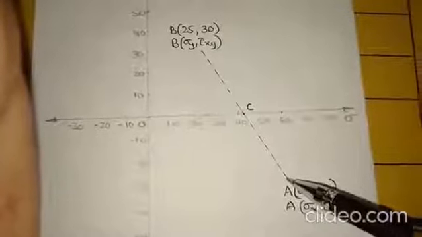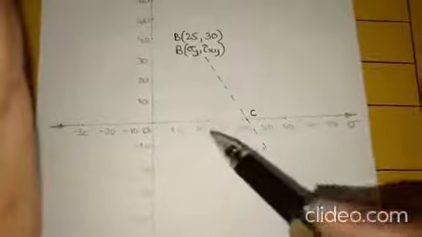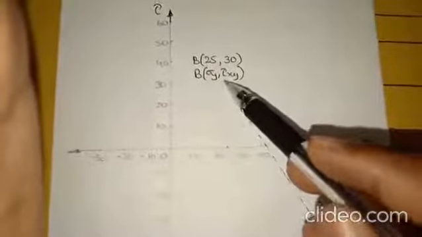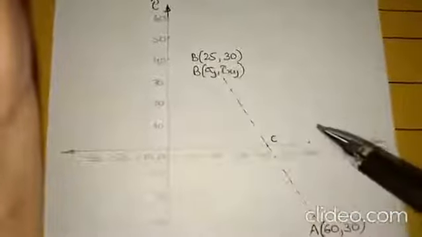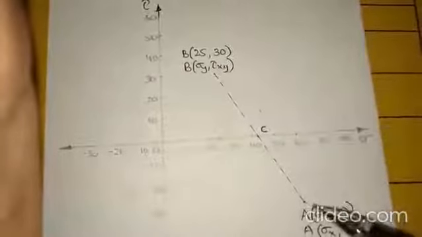I have plotted point A, represented by sigma x comma tau xy. Second, sigma y comma tau xy: sigma y is 25 and tau xy is 30. I have plotted point B. The procedure is to join AB.